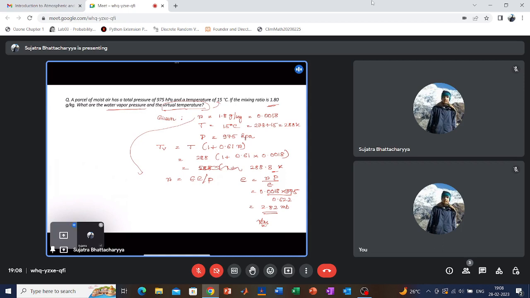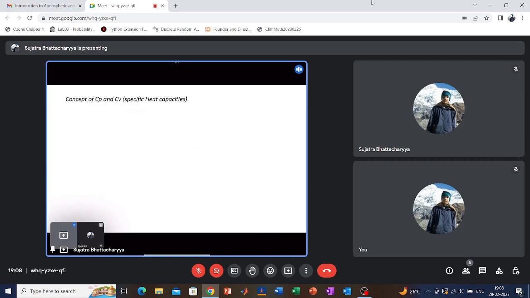So I have solved the same kind of question here. This will help you understand the concepts for solving the assignments. Now I will talk about the concept of specific heat capacities, how the specific heat for dry air and for the vapors can be found, and then we'll do some questions based on potential temperature and dry static and moist static energy.